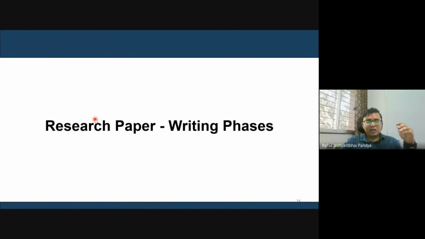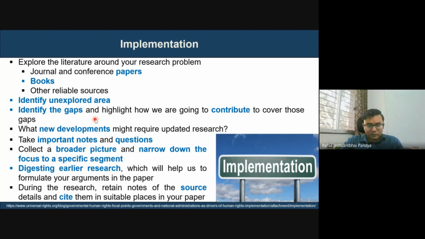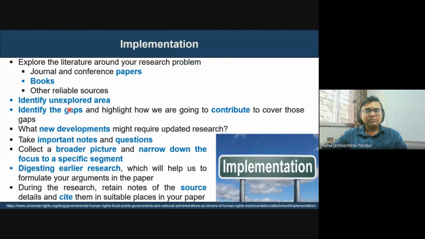So that's the implementation phase. Once everything is done and you have identified your methodologies, strategies, anything which you want to execute, those things have to be started now for the next level of implementation, which is actually doing the research.